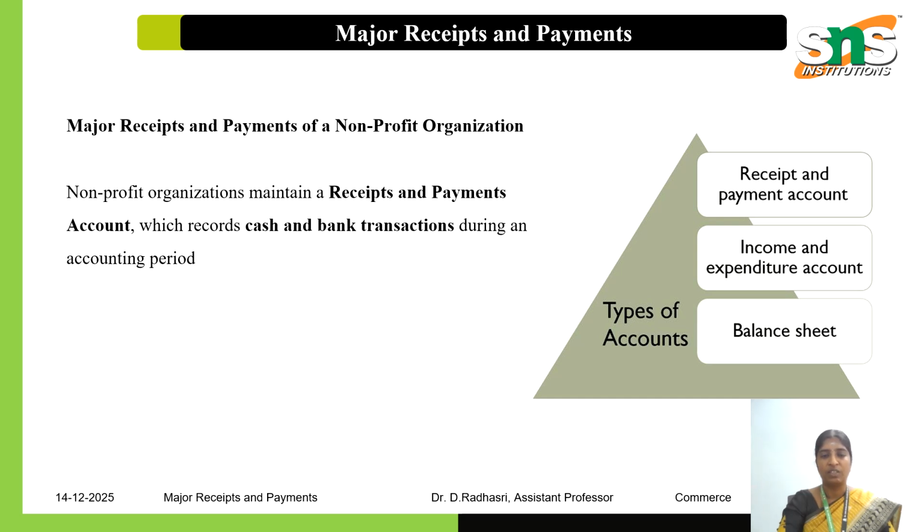The trust fees, the receipts and payments, and the trust and public persons are recorded in the cash and bank transactions during the accounting period. The income and expenditure account we have to find out by the type of account in the major receipts and payments. This is the process of the major receipts and payments.